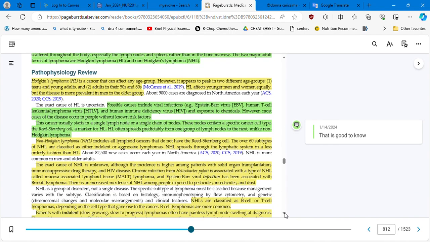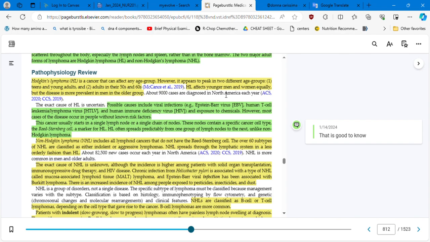So the pathophysiology, the HL, which we are going to mention this way from now on, is Hodgkin lymphoma. It's a cancer that can affect any age group. However, it can peak in different age groups, the teens and the young adults, and later the adults between the 50s and 60s.